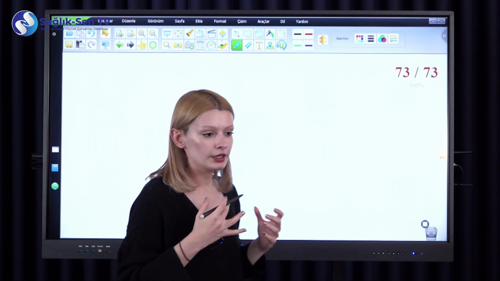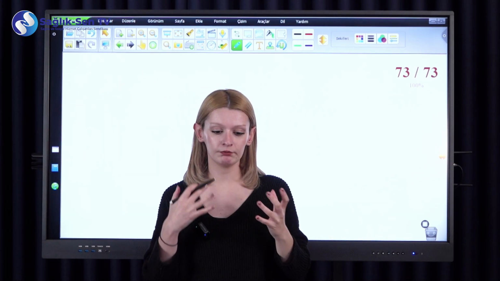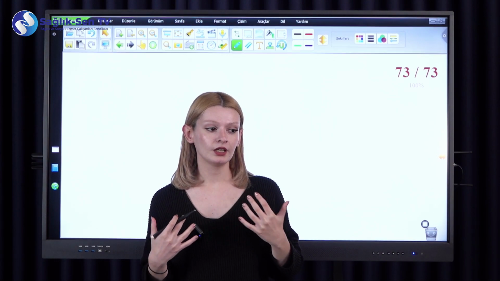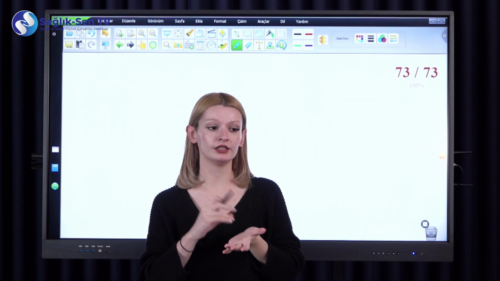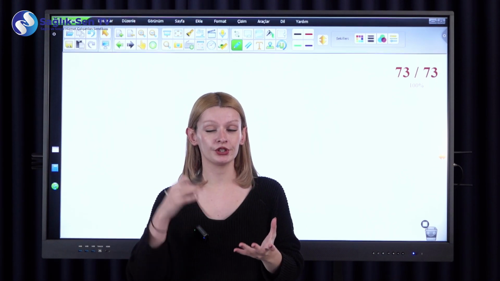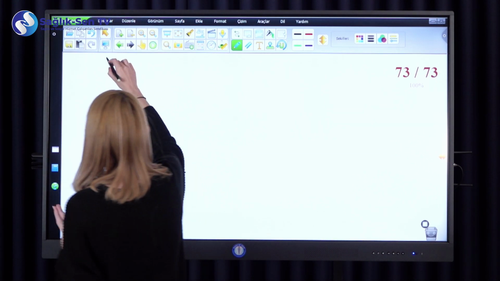First of all, we have a timeline. We don't use the exact tense that we used in direct speech in reported speech.